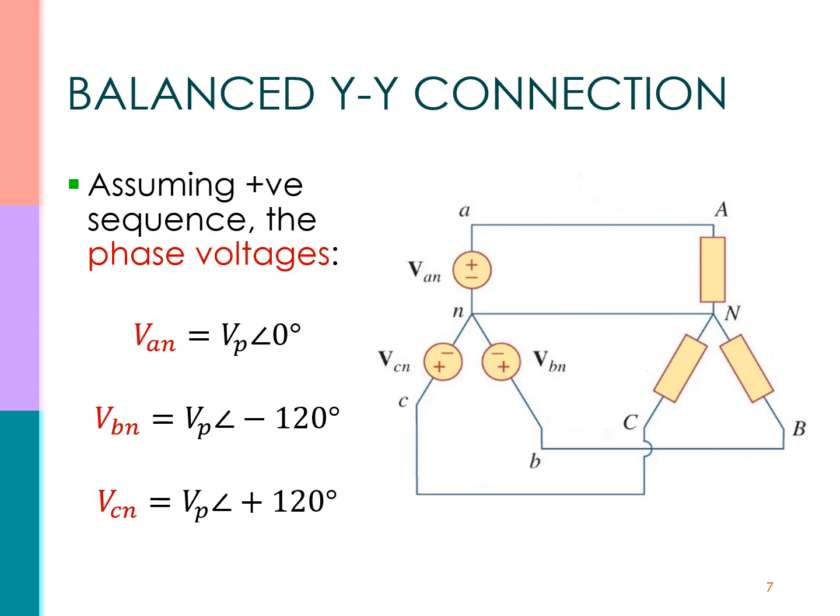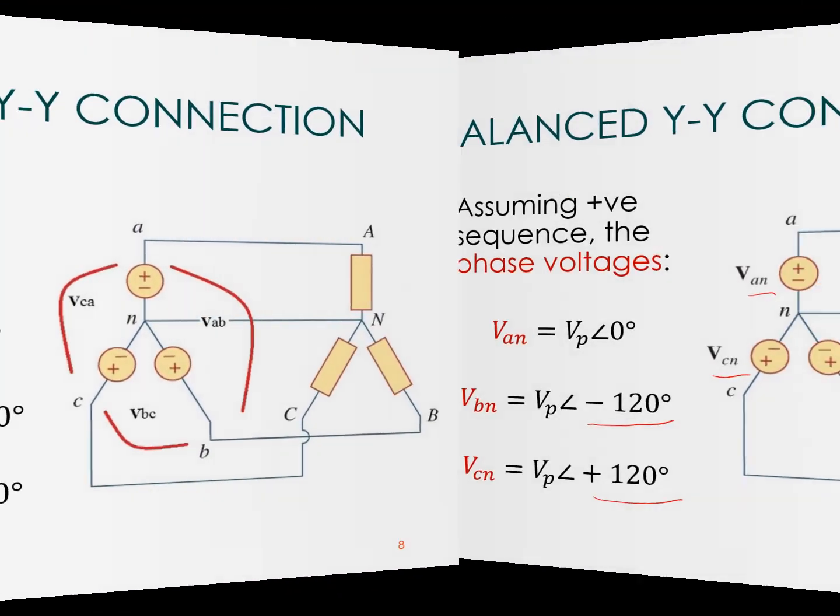Assuming a positive sequence, the phase voltages for a Y connection are VAN, VBN, and VCN. As we mentioned earlier in the phase sequence, VAN is equal to V peak at 0 degrees, VBN will be out of phase by minus 120 degrees, and VCN is plus 120 degrees.